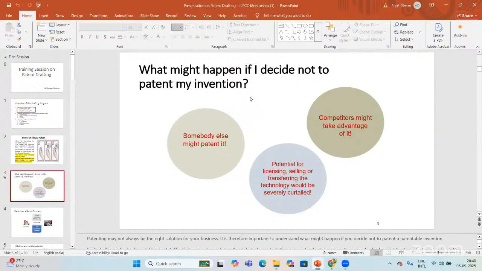They will give you a notification of vacating that property because they are the actual owner. So it's always better to protect your invention in the same way you are protecting your property, because this is intellectual property, and the other property I'm talking about is tangible property, be it your house, your car, or any other aspect.